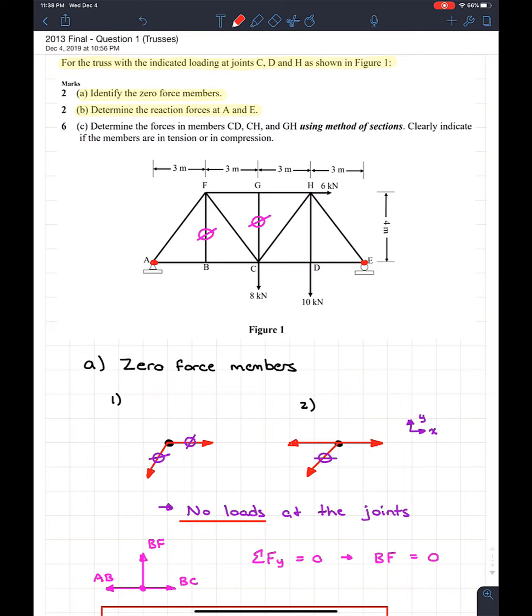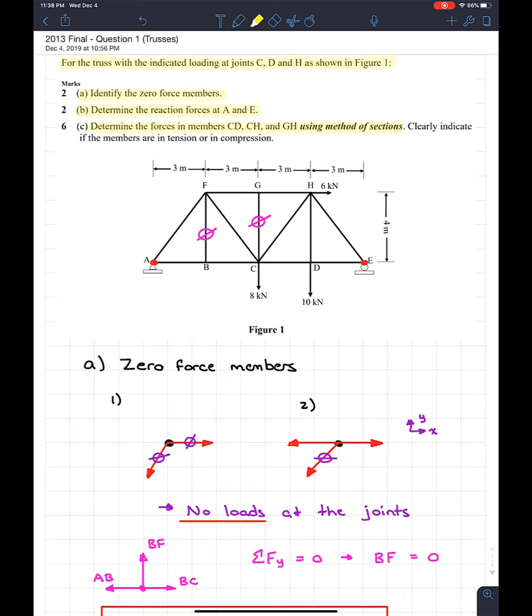Now we're going to get into something that's more truss orientated, and that's determine the forces in members CD, CH, and GH using the method of sections. The method of sections, as we'll talk about, is when we have to cut the beam, or cut the truss, and analyze all the sections that we cut.